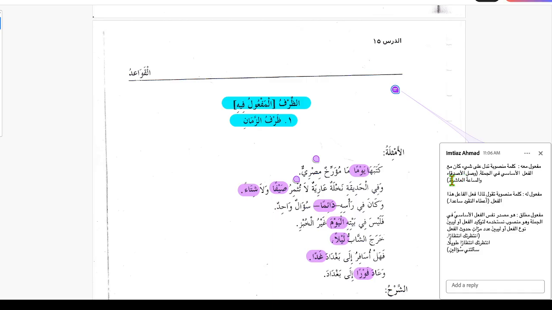wasala al-asdiqa'u was-sa'ata ashara. The friends reached 10 o'clock. So we see as-sa'ata is maf'ul mahu, because this word tells something that was with the verb wasala, like what happened, 10 o'clock. The friends, they reached.